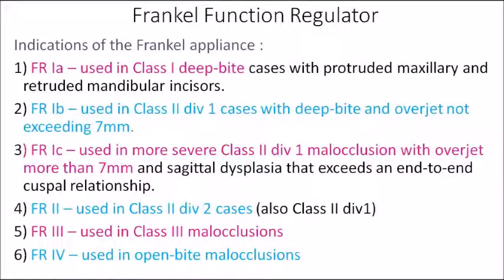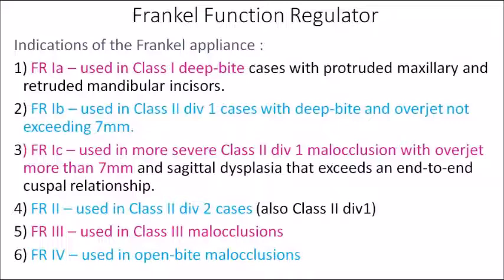Now coming to Frankel's regulator 2, 3, 4 and 5. Type 2 is always used in class 2 division 2. Sometimes it can also be used in class 2 division 1 malocclusions, but it is ideally indicated in class 2 division 2 cases. Now FR3, that is your functional regulator 3, is used in class 3 malocclusions.